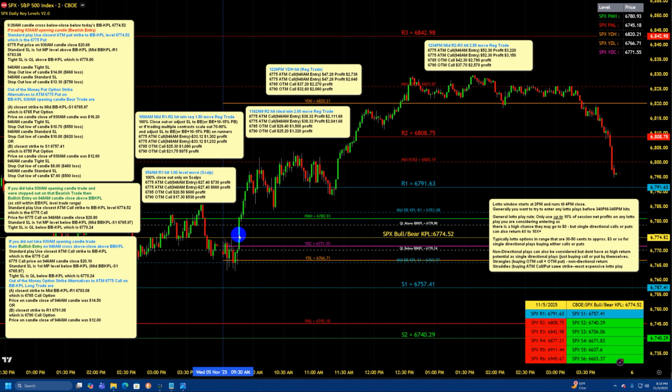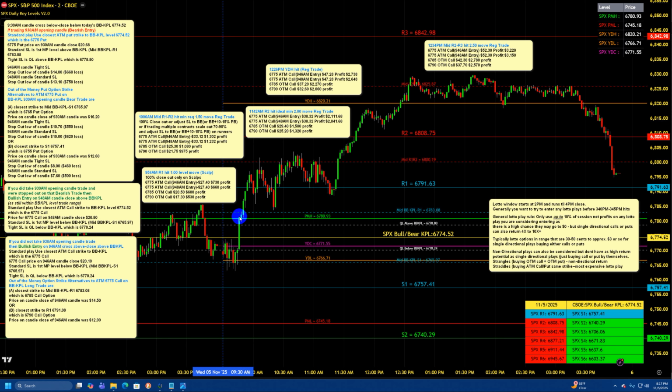Now, before we go further, what if you did take this trade and you did have the loss? Well, if you used your tight stop loss, then you could still enter on this candle here for a bullish entry because you were stopped out here.